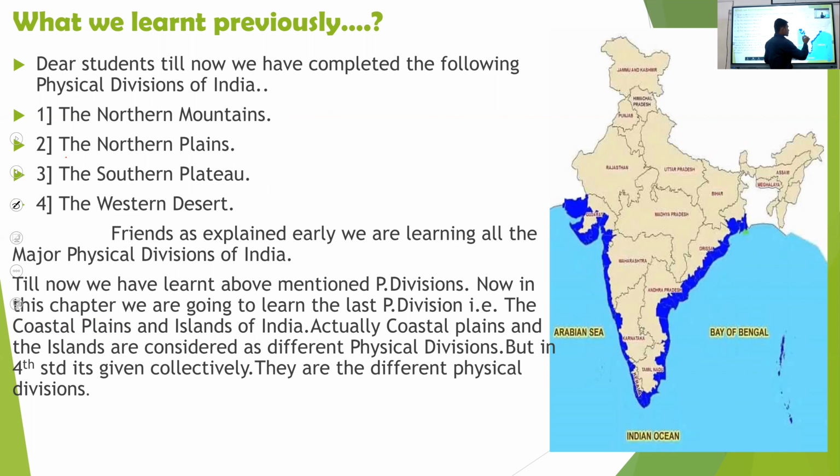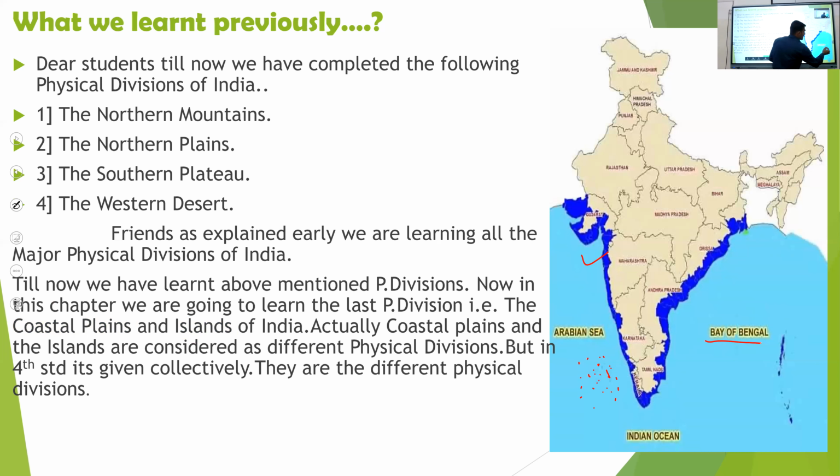You remember that coastal plains is a separate physical division, as well as the two groups of islands that we are going to see in this video series will be a separate physical division. Which are those two groups of islands? The first one is the Lakshadweep Islands. You are able to find it in the Arabian Sea. Other than that, in the Bay of Bengal, you are having another group of islands.